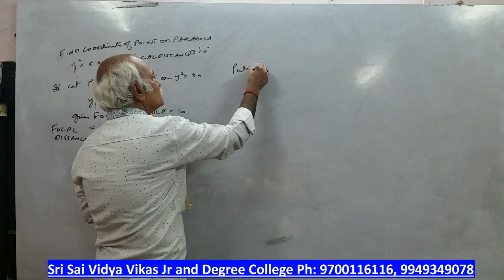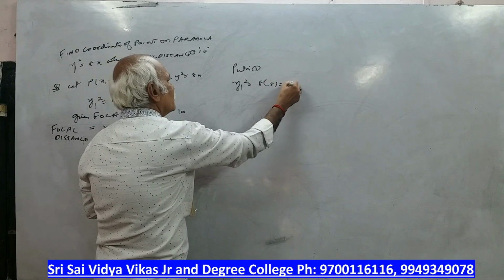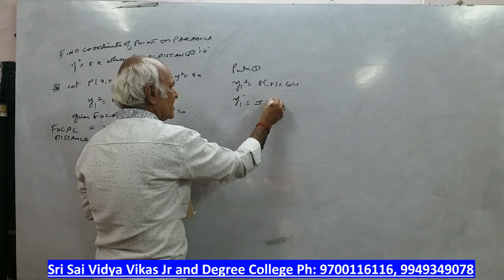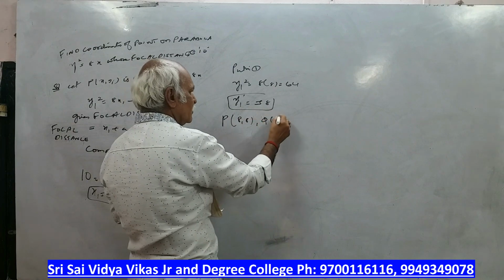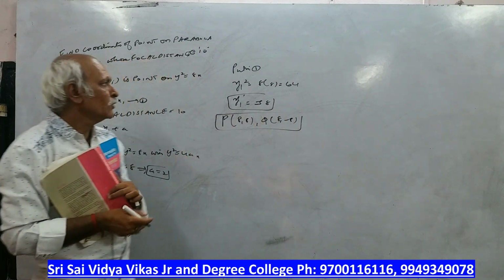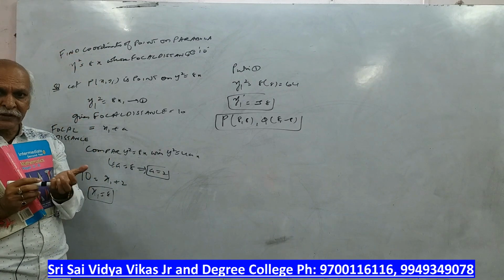Put in 1. y1 square is equal to 8 into 8, 64. So y1 is equal to plus or minus 8. Therefore, point P is 8 comma 8, Q is 8 comma minus 8. Okay, so here we should know the formulas, then most of the problems are based on formulas. Okay, we'll continue.